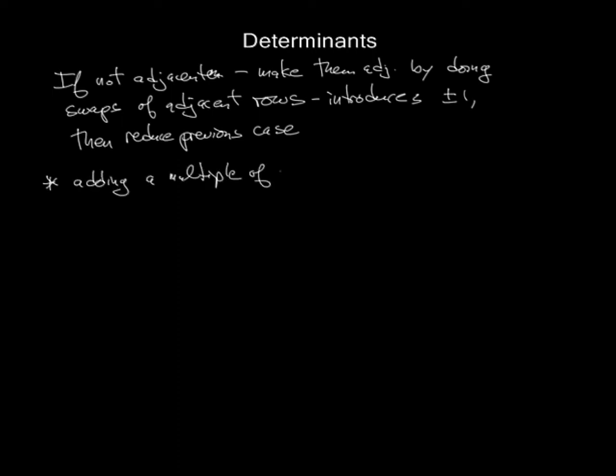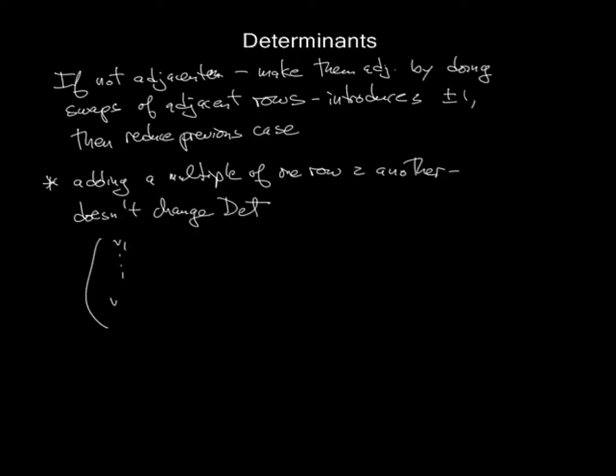Okay, another property is if you add a multiple of one row to another row, that doesn't change the determinant. So why is that? Suppose you had a matrix with a bunch of rows, v1 through vn, and then you replaced row v1 with v1 plus c times v2.